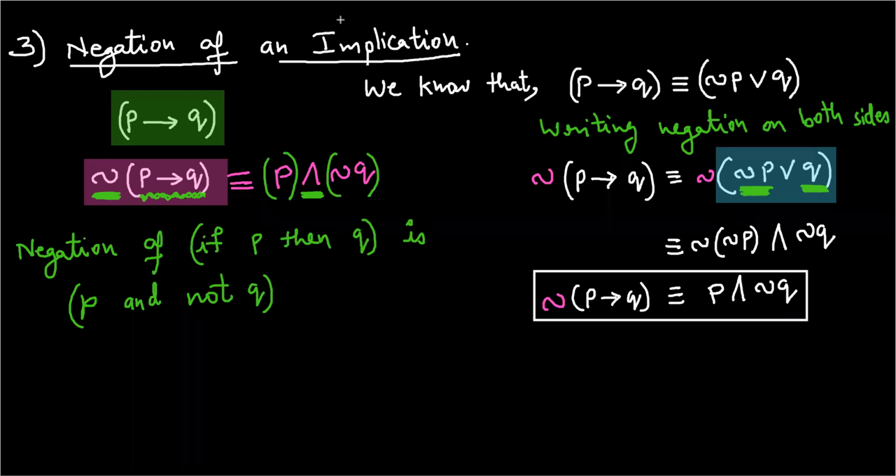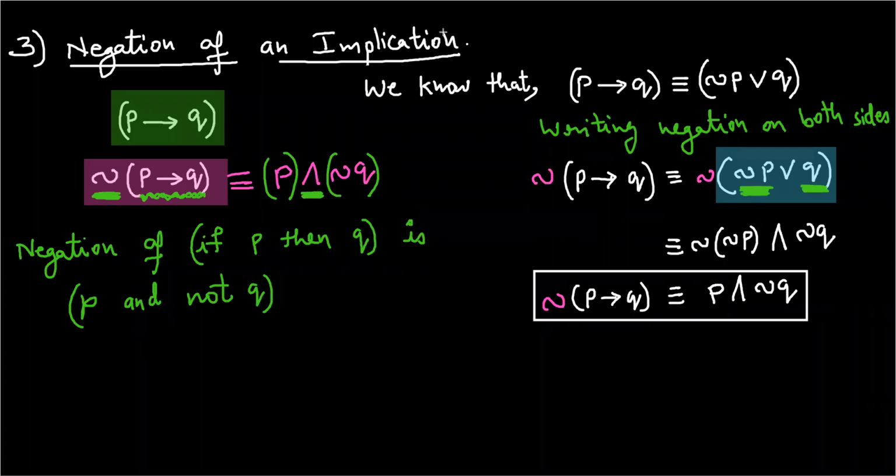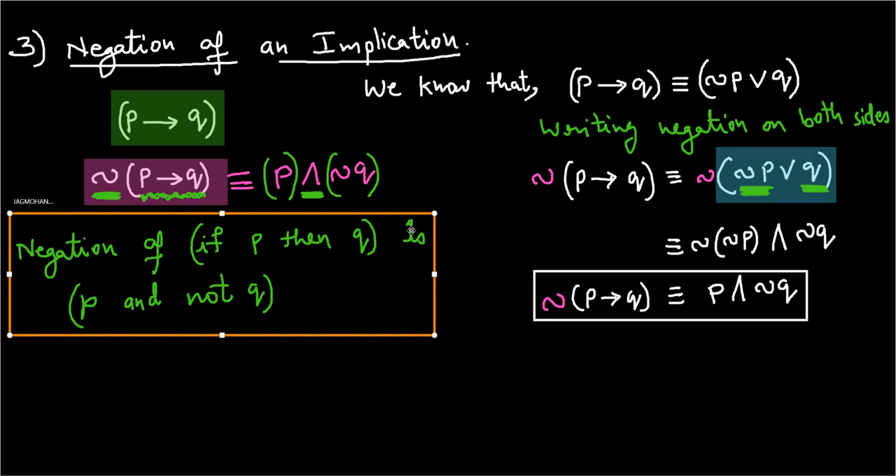Very interesting. Now I tell you one very important thing which normally students commit mistake. They forget that when you are writing negation of if P then Q, it never starts with if.